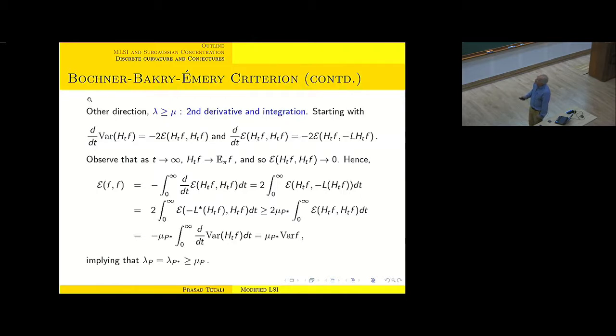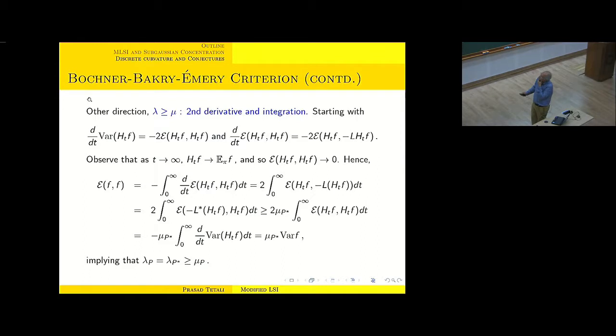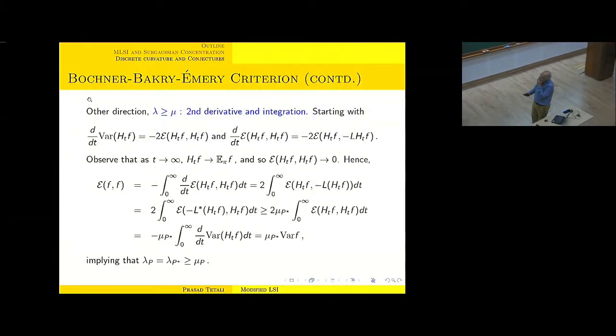So we have the first derivative, that's the Dirichlet form. Now take the derivative of that, you get the term that we're dealing with. So H_t, by the way, is P_t applied to f, the heat kernel, where P_t is e to the tL, L being the Laplacian. I might have called it P_t before.